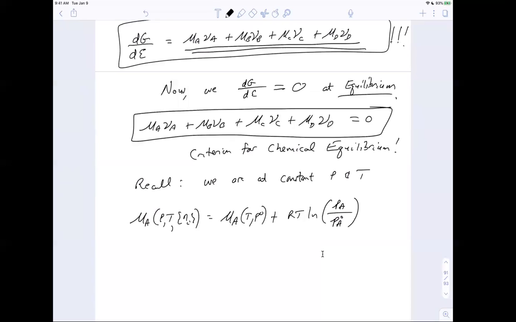Okay, and so I derived this result for the chemical potential of a species in an ideal gas mixture a few lectures ago, where we had this semi-permeable membrane in that discussion. And this is the form of that. So P sub A is the partial pressure of A now in this mixture at equilibrium. Remember, when we started our discussion of chemical equilibrium, we all agreed that at equilibrium we're going to have all four components.